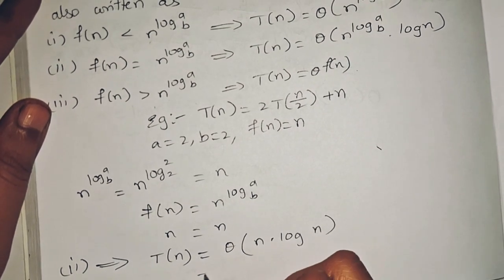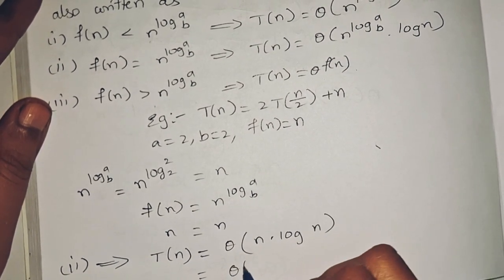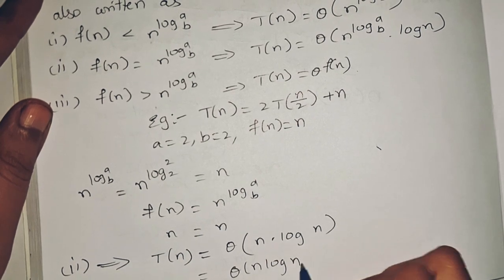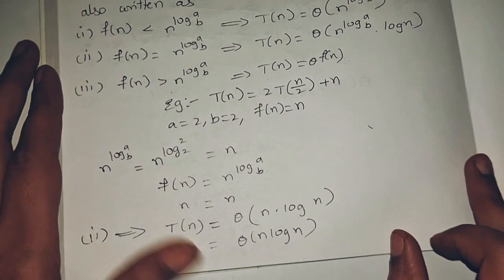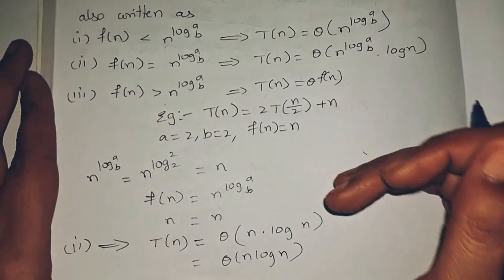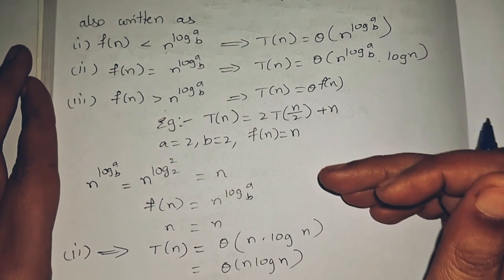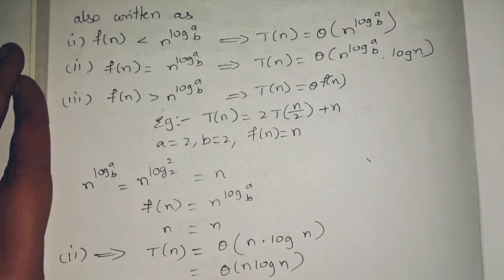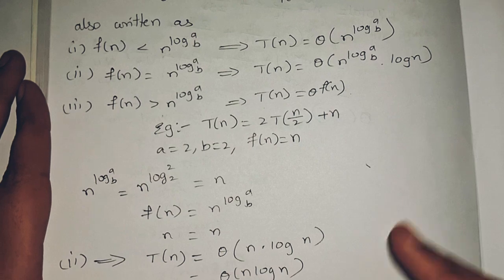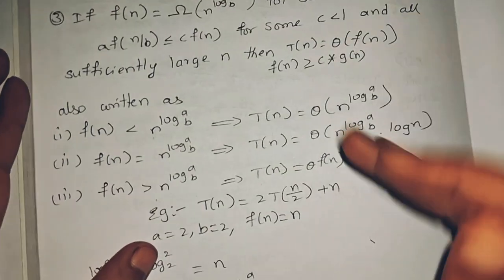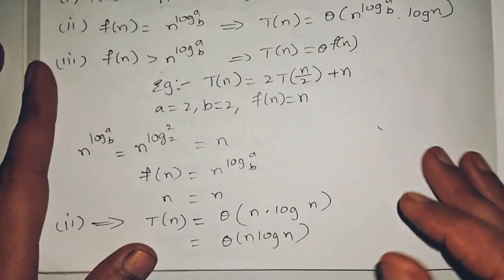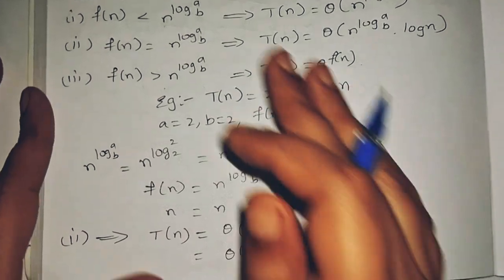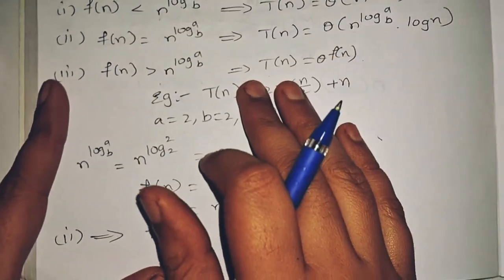So theta of n log n. Okay. So this is how we can solve the recurrence relation very easily, and it is like a cookbook. So we can directly write the time complexity by simply using the formulas. So we need to remember these formulas, these 3 cases.